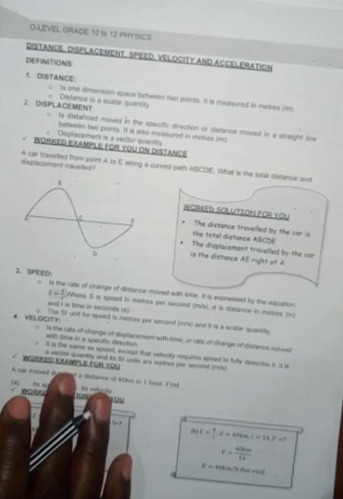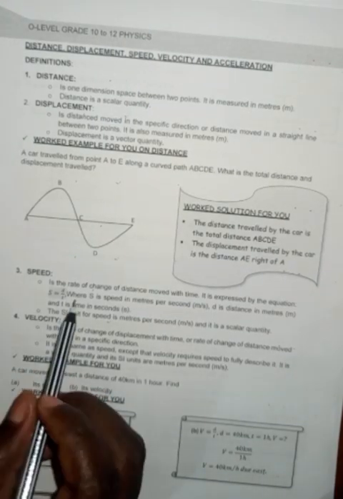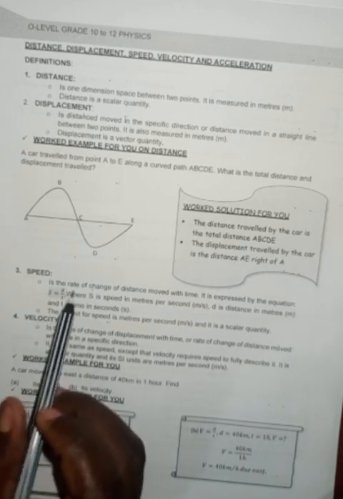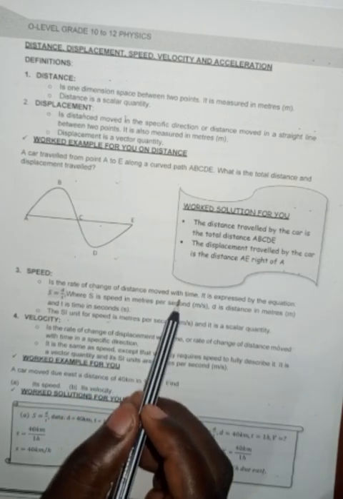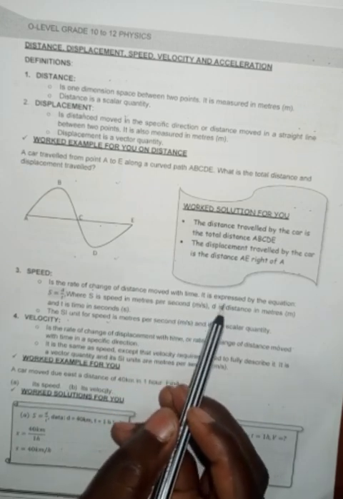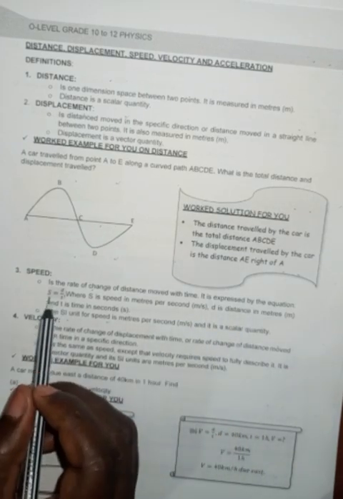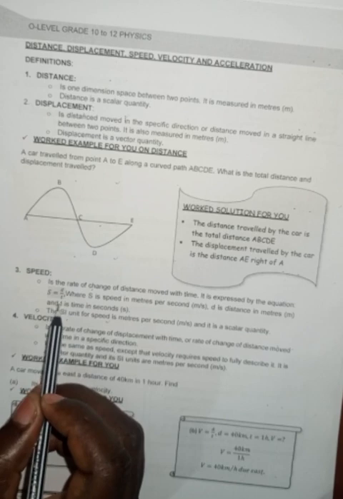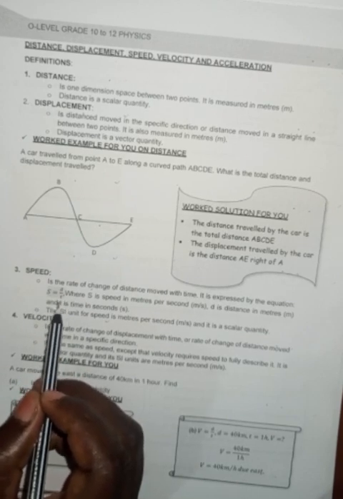Another terminology that you need to be familiar with is speed. What is speed? Speed is simply the rate of change of distance moved with time. This is expressed by the equation S is equal to D over t, where S is speed, D is distance, and t is time taken.